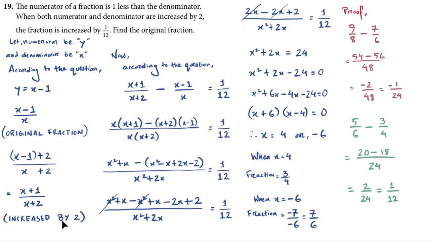So the increased version, which is x plus 1 by x plus 2, if we then minus x minus 1 by x, we get 1 by 12. So this is the value which can only be possible if we subtract the original fraction from the fraction which happens if it is increased by 2.